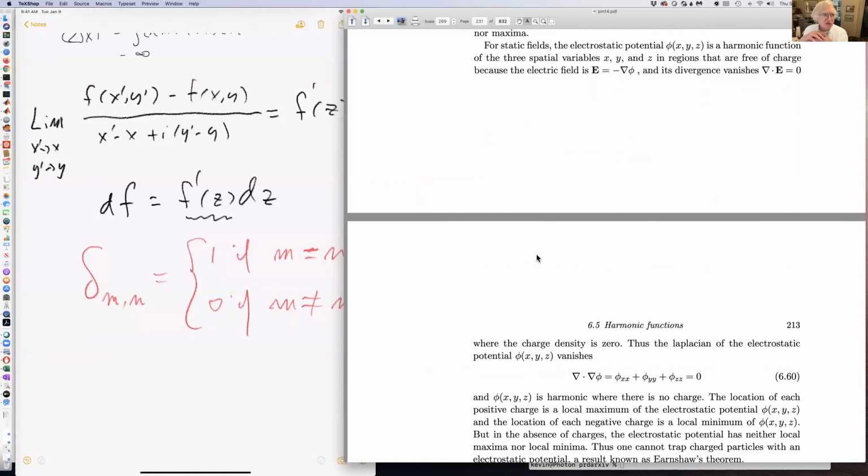There's an application of this to electrostatics, which you may have heard of in your electrodynamics courses.